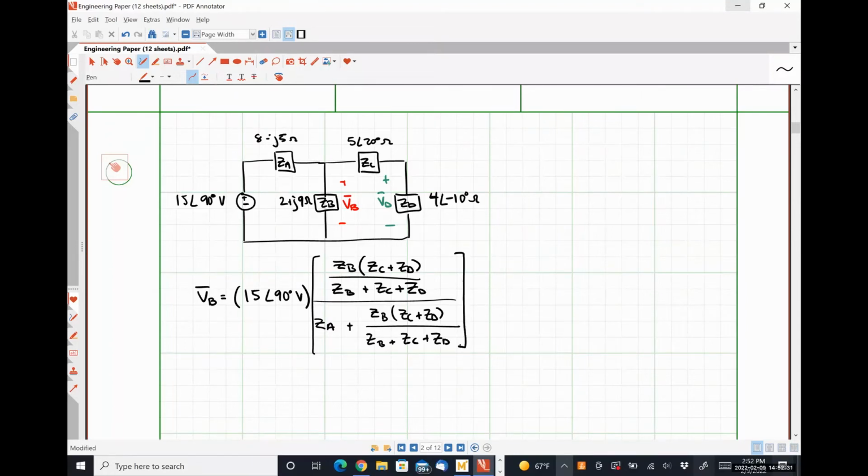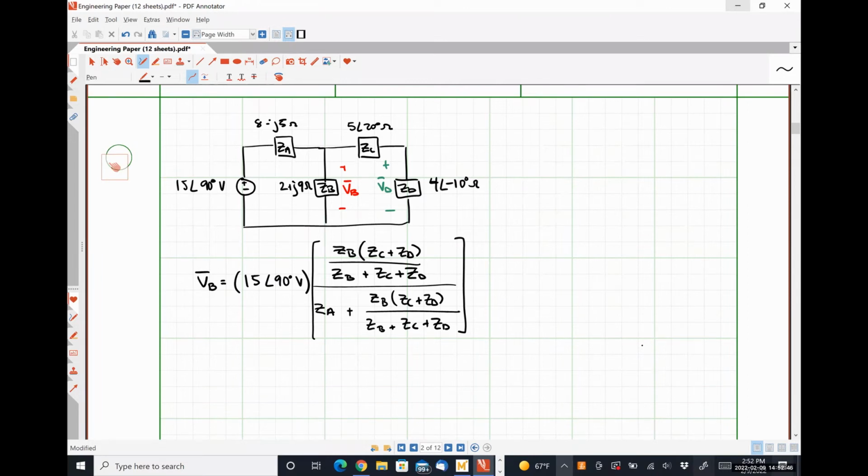So this big ugly monstrosity right here gives us the quantity VB. We can, in a separate step, we'll get to this in a second, see that VD is simply whatever we get for VB multiplied by ZD over ZC plus ZD.